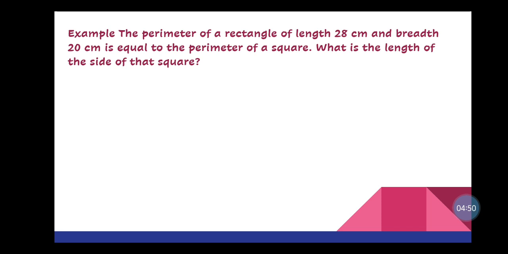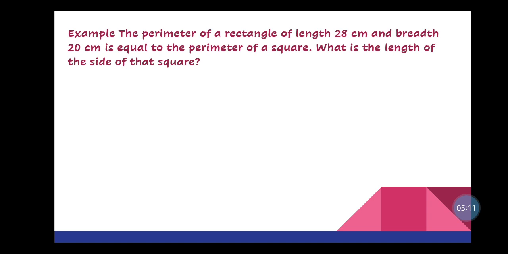Next example. The perimeter of a rectangle of length 28 centimeter and breadth 20 centimeter is equal to the perimeter of square. What is the length of the side of that square? So here the question states us that the length of the rectangle is 28 and breadth is 20 centimeter.